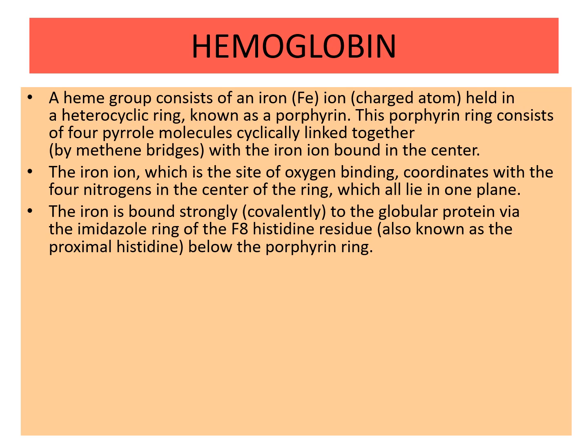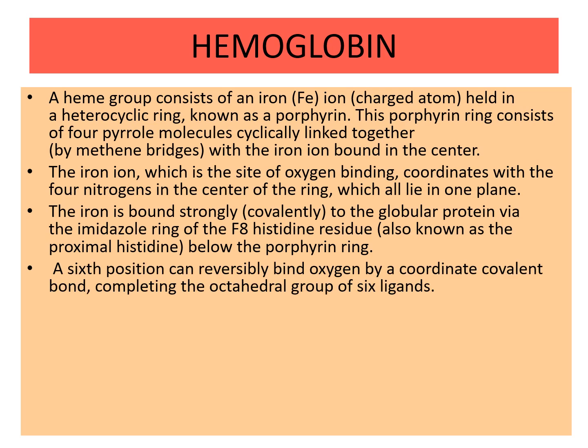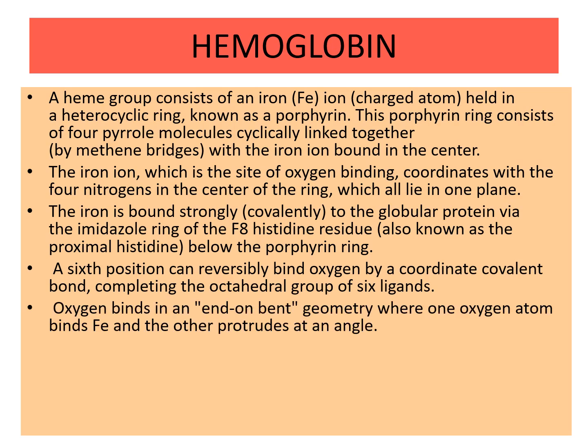The iron is bound strongly to globin proteins via the imidazole ring of the F8 histidine residue below the porphyrin ring. The sixth position can reversibly bind oxygen by coordinate covalent bond, completing the octahedral group of 6 ligands.